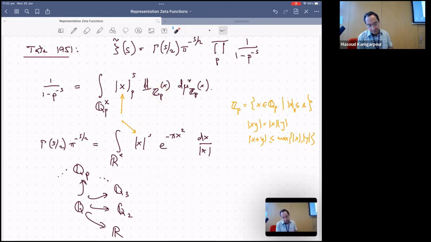Now, for the real absolute value, this is not an ultrametric norm. This is just a norm. So if you try to define the ring of integers, it's not closed anymore. You add numbers and the norm can be arbitrarily large. So you can think about this as the analog of the missing integers for the real numbers.